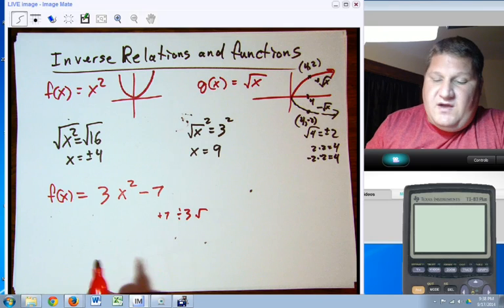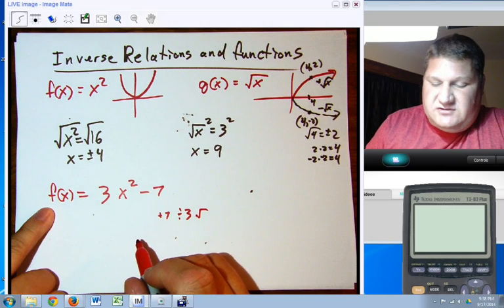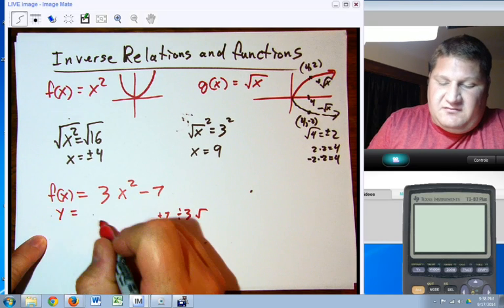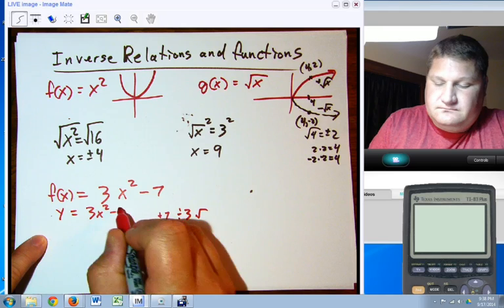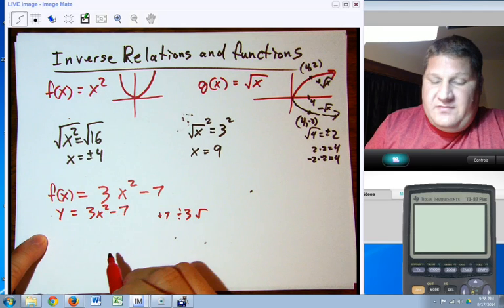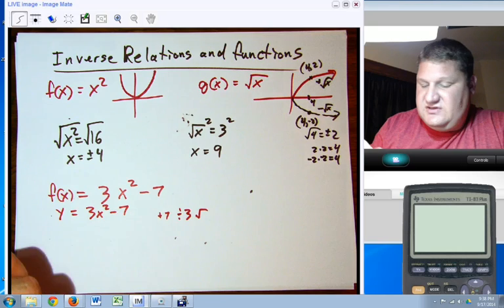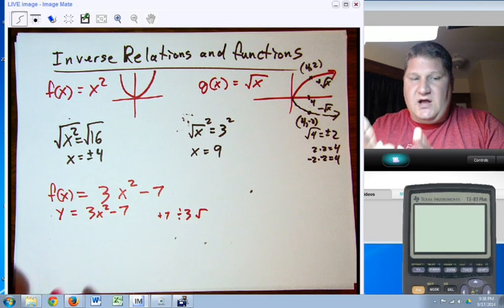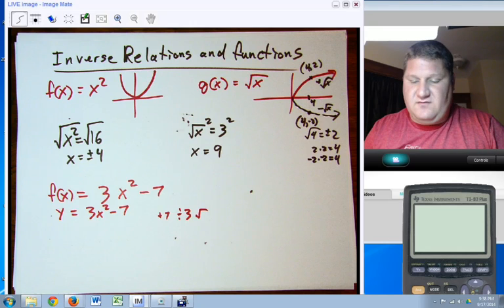Well, the way we find an inverse of a function is we say, fine, well, if f of x could be replaced with y, now I can simply do this one thing one and only one time in math, and that's when I'm finding inverses.